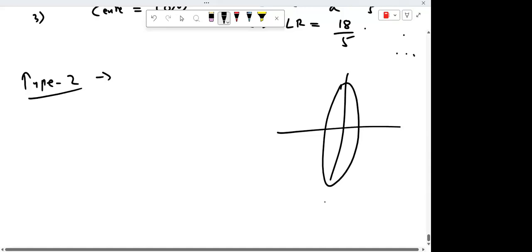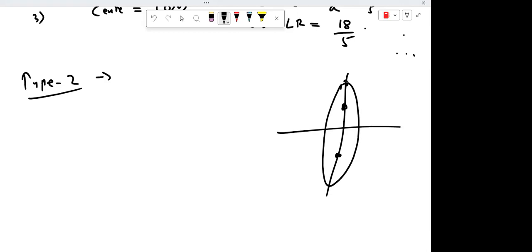So foci lie on the y-axis. Vertex is also on the y-axis. The center is here. So here, this coordinate will be 0 comma c. This will be 0 comma minus c.